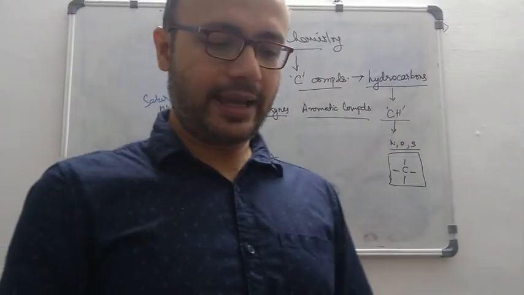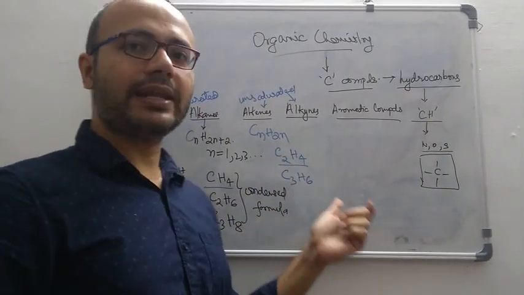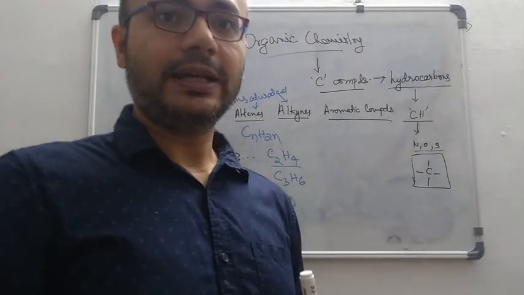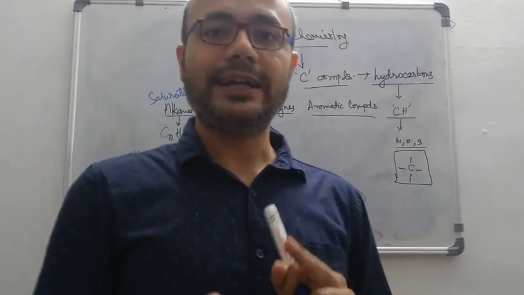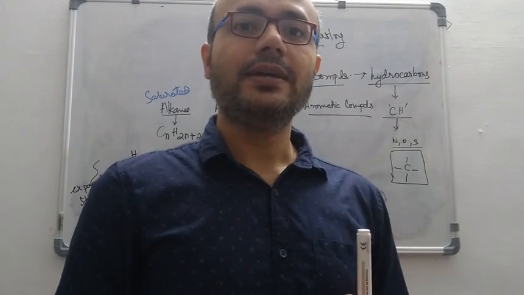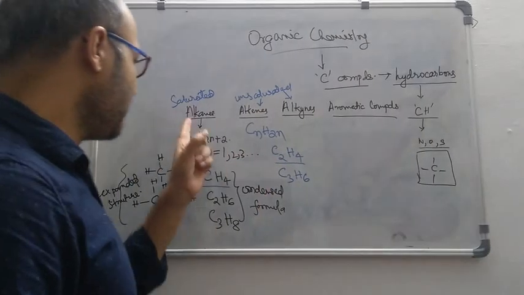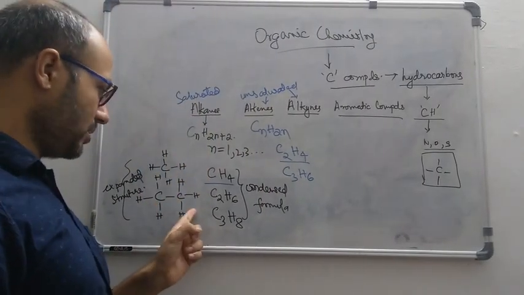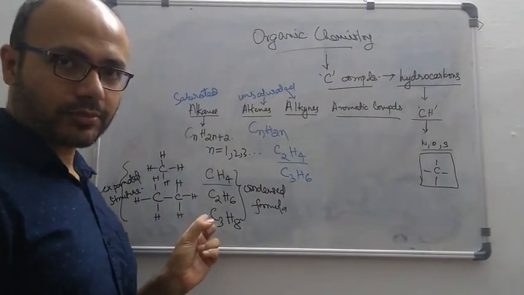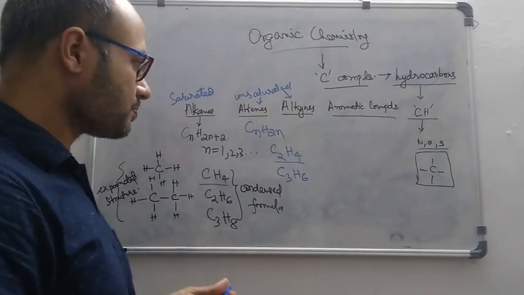Whenever I say these compounds are unsaturated, that means they contain multiple bonds, something like a double bond or a triple bond. When these kinds of bonds are present, we say those compounds are unsaturated. When they are fully saturated, there is no multiple bond, no double bond, no triple bond; it's all single bonds that are formed in the compound.